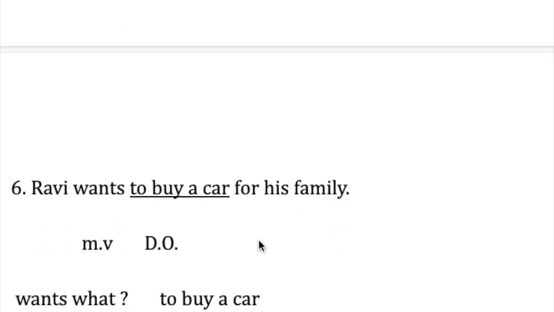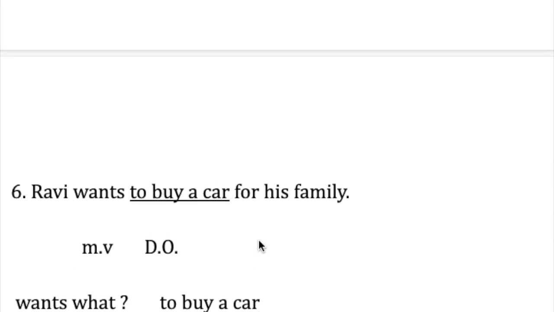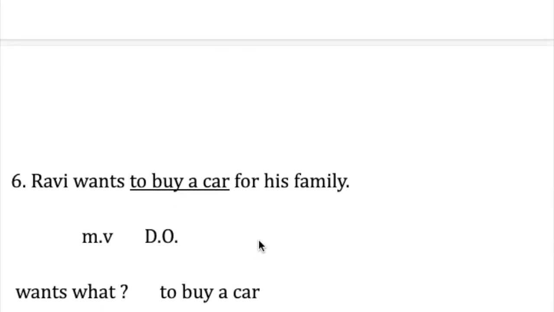Alright, how about this one? Ravi wants to buy a car for his family. Ravi wants to do something, right? To buy a car for his family. Now here wants is the main verb, he is desiring something. It's not talking about the state of mind or state of being of Ravi. Ravi is performing something, so wants becomes the main verb.